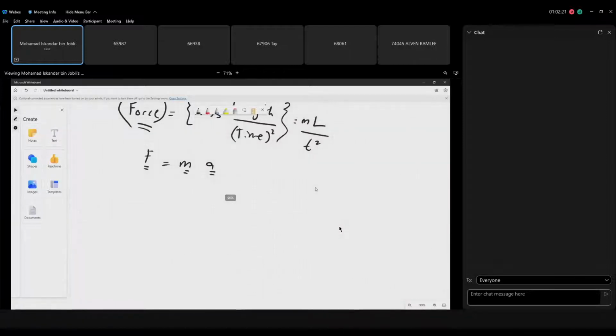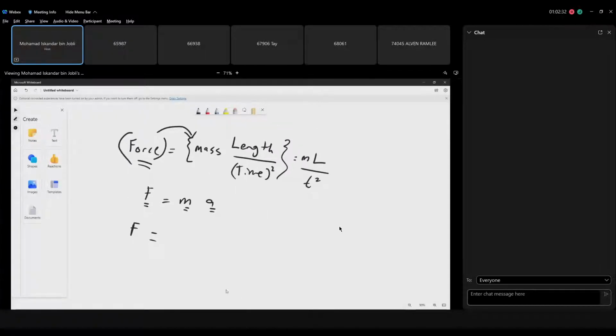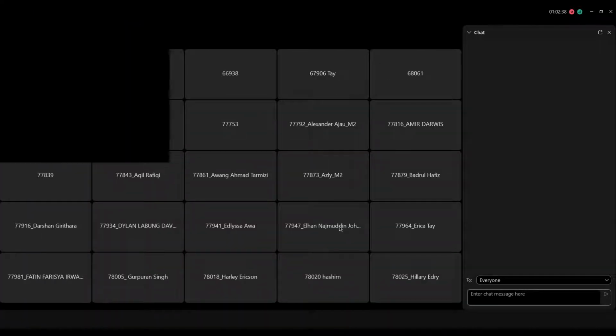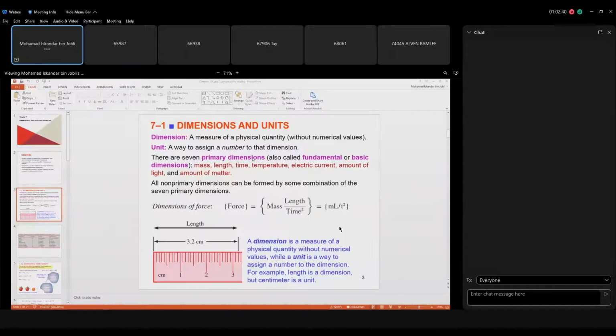F equals ma. Then you have force. Just write it down: force equals m, which is the mass. You have to write them down in its primary dimension. Now you have to remember these are the primary dimensions, regardless of how big the equations are.